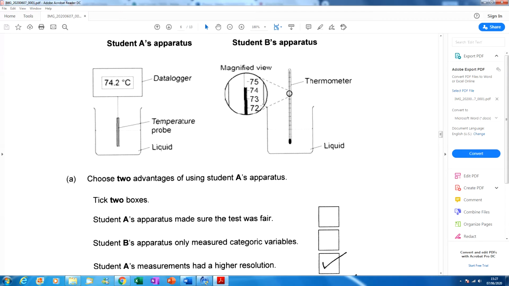You don't know how much it would cool down by each time the student took the thermometer out of the liquid. If she took it out for a longer time, then the temperature would drop a lot. If the student took it out for a much shorter time, the temperature might not drop as much.